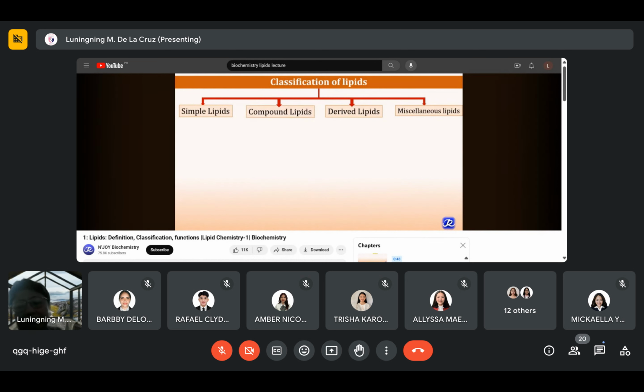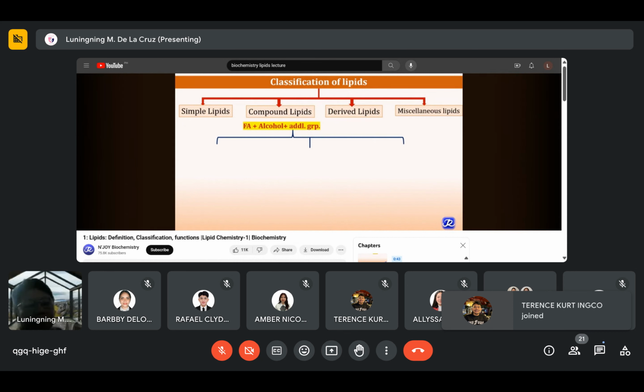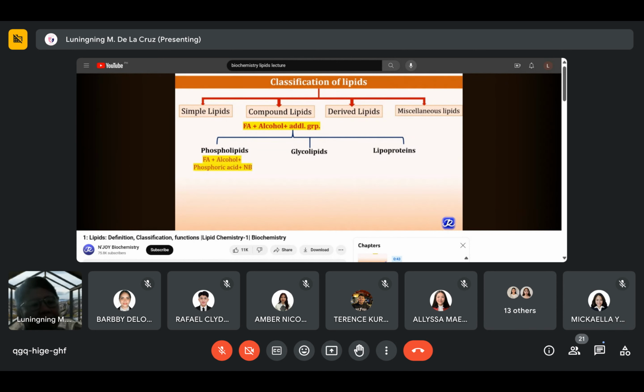Compound lipids are made up of fatty acids plus alcohol plus additional group. The examples are phospholipids, glycolipids, lipoproteins. Phospholipids consist of fatty acid plus alcohol plus phosphoric acid and nitrogenous base.